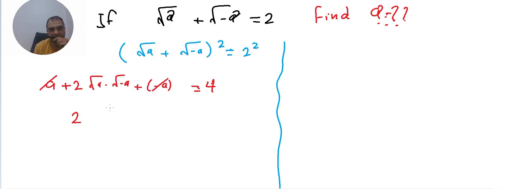Then we have 2 square root of a times square root of negative a equivalent to 4. Divided by 2, then square root of a times square root of negative a equals 2.